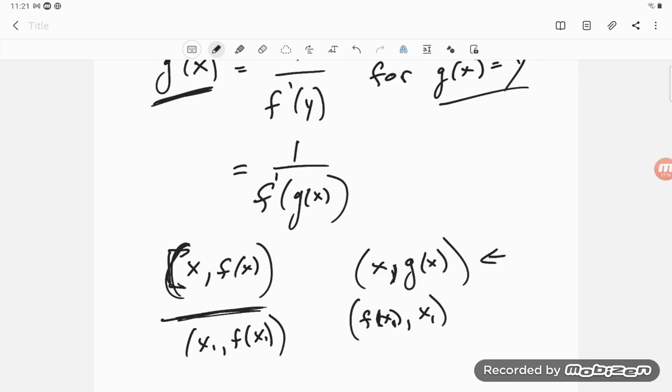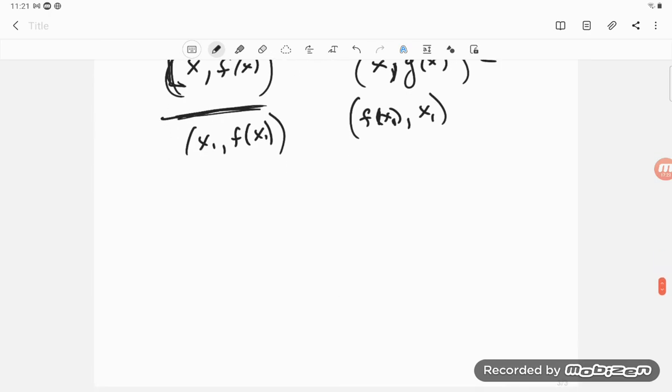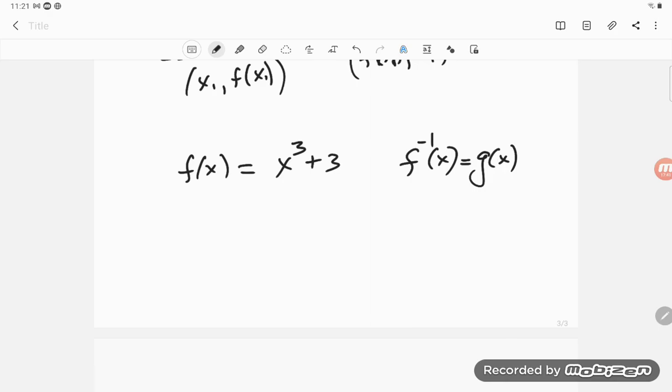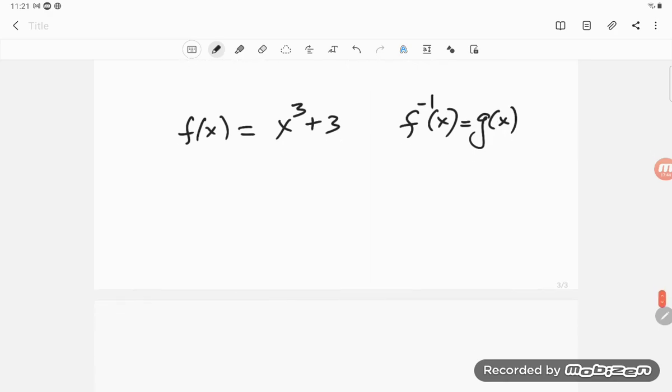Okay, so typically a good thing to do is, when you're finding an inverse function, so if I'm told f of x equals x cubed plus 3, and somebody says, well, find f inverse of x equals some function g of x. Well, typically what I would do is I would substitute a y for the f of x and write that, and then I would solve, again swapping the x's and y's.